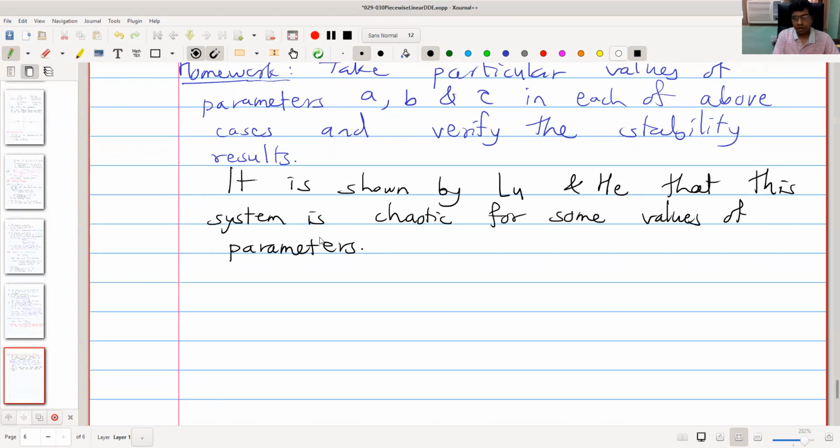We should note that if one of these equilibrium points is stable, then trajectories may be attracted to that equilibrium point. So instability of all these equilibrium points is necessary for chaos. All these 3 equilibrium points should be unstable. Then only we can expect chaos.